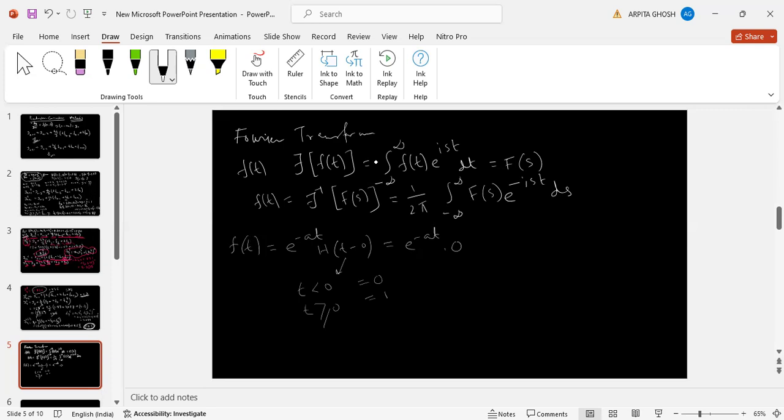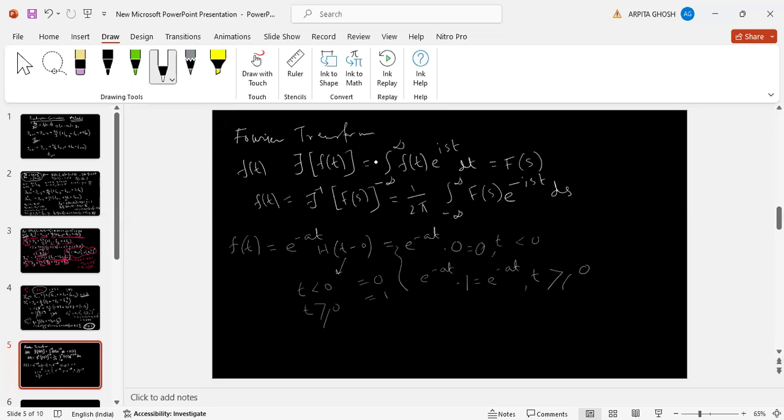Since it has two values, the function is e to the power minus at into 0 for t less than 0, and e to the power minus at into 1 for t greater than or equal to 0. This is equal to 0 for t less than 0, and equal to e to the power minus at for t greater than or equal to 0.